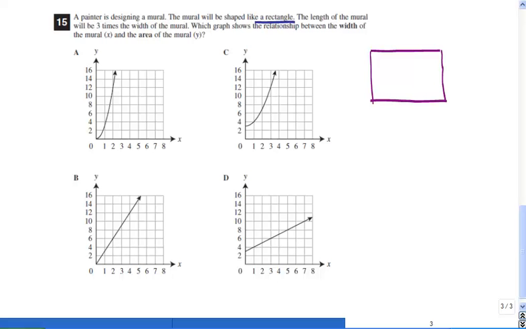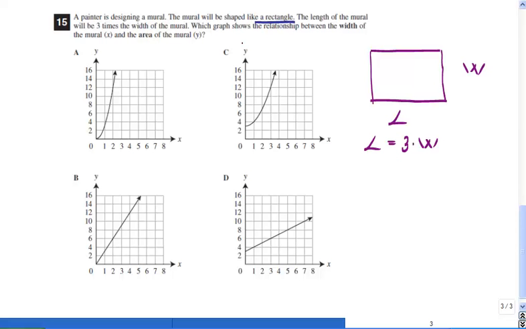I know that the length and the width are in a certain relation: the length is 3 times the width.